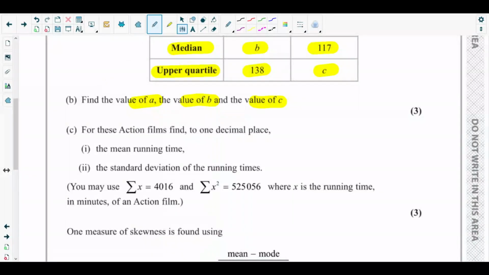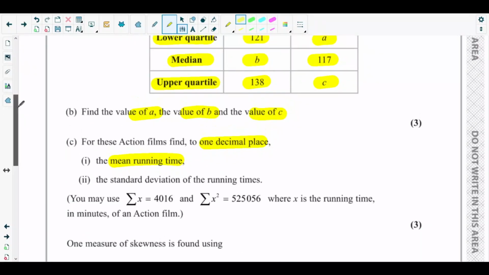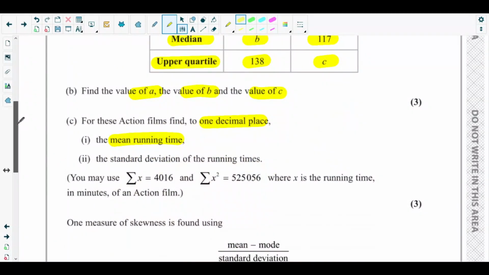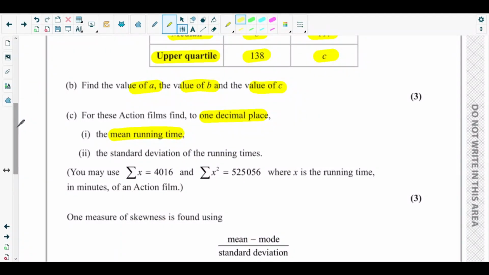Fine. Okay, next is part C. In part C, the question says, for these action films, find to one decimal place. Part C1 is asking to find the mean running time for the action films. So the mean running time is the sum of all the data over the number of data.